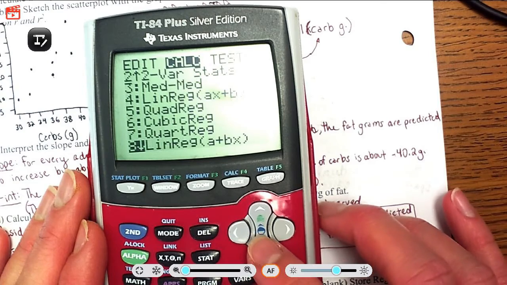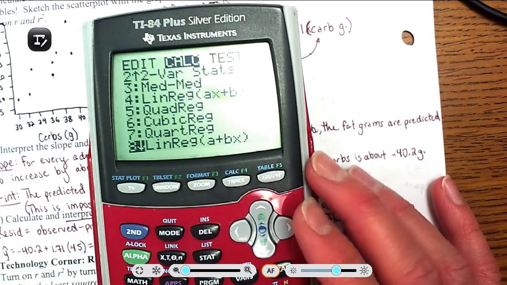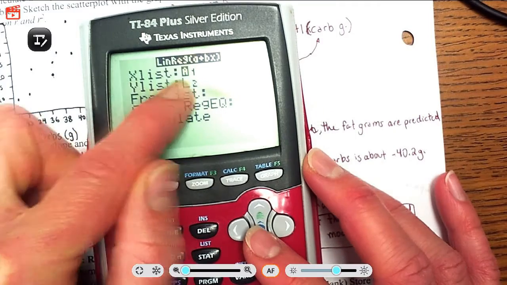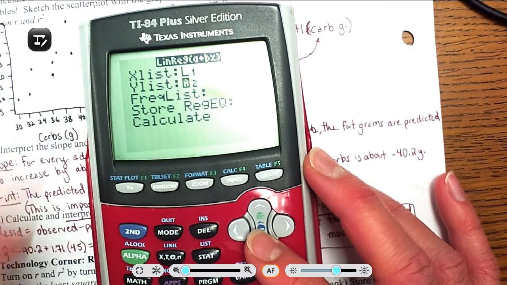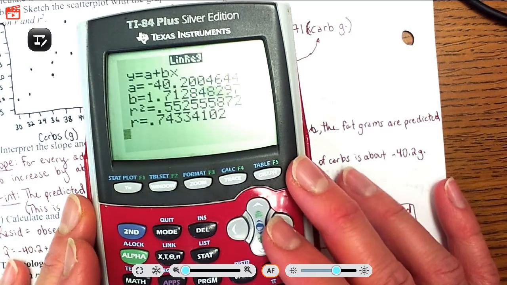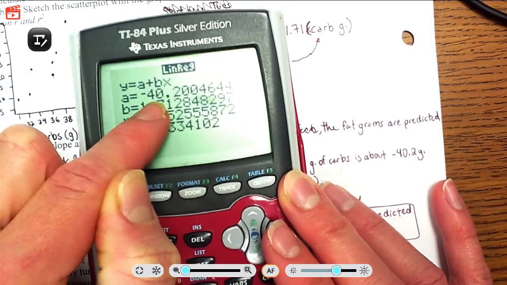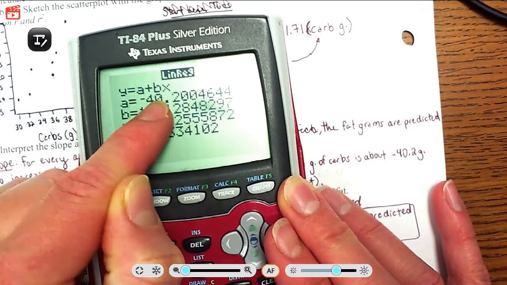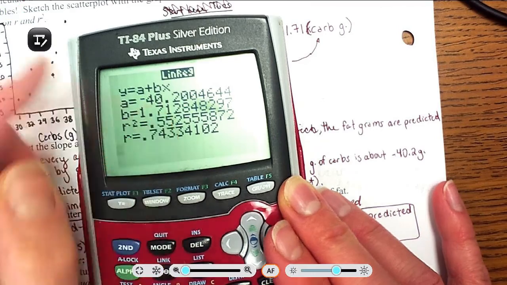I'm going to keep going down to option 8, the one that looks like the AP Stats version. I make sure my X list is in L1 and my Y list is in L2, because that's where I put them, and I calculate. Here I get a lot of decimal places and a lot of accuracy. But here is my a coefficient, or constant, and my b coefficient. So I can substitute those in.